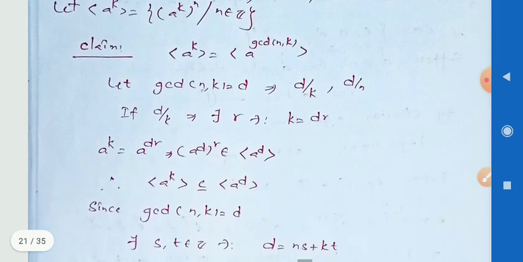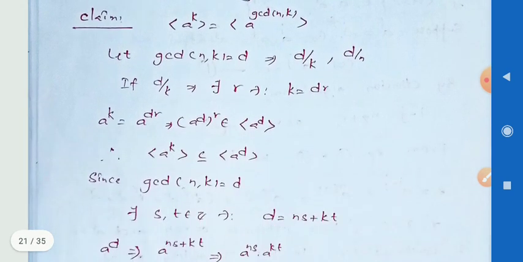Now the proof: generator a^k is equal to generator a^gcd(n,k). We have to show this condition.